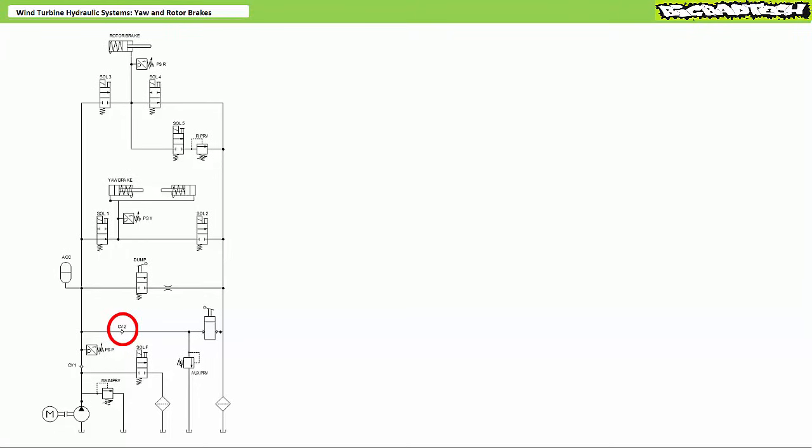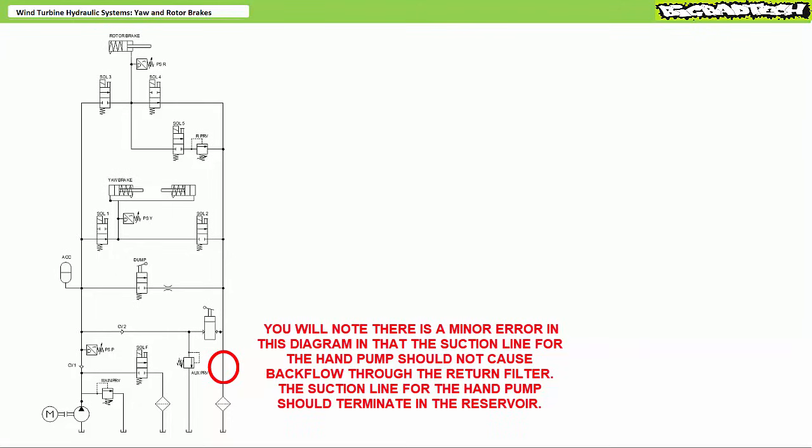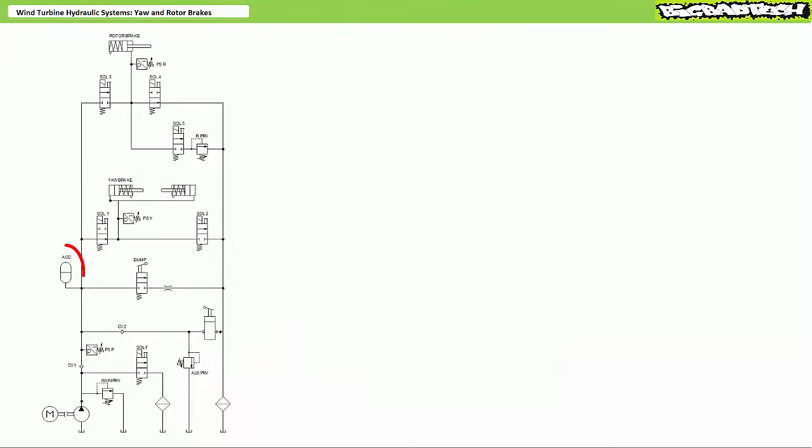Next level up, we got another check valve 2, oriented to block flow left to right and allow flow right to left in series with a hand pump and another pressure relief valve called auxiliary pressure relief valve going back to tank. Next level up, we got an accumulator and a manually operated, normally closed valve labeled dump in series with a little flow restrictor.